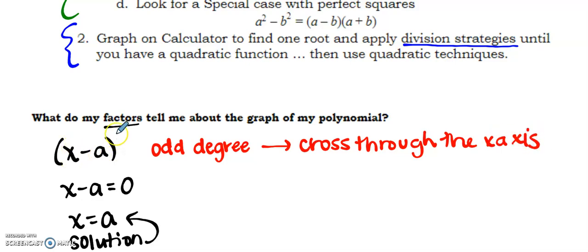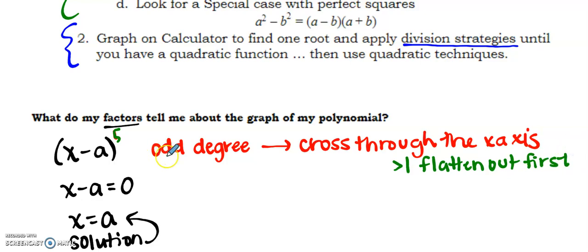Okay, so x minus a, that's technically to the first power. We're going to cross through the x-axis at x equals a. If I had x minus a to, let's say, the 5th power, that's an odd number, then I am still going to cross through the x-axis, but if that degree is greater than 1 and still odd, we're going to flatten out first. And again, I'm going to show you what this looks like.